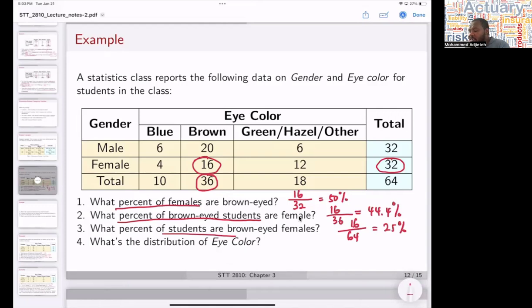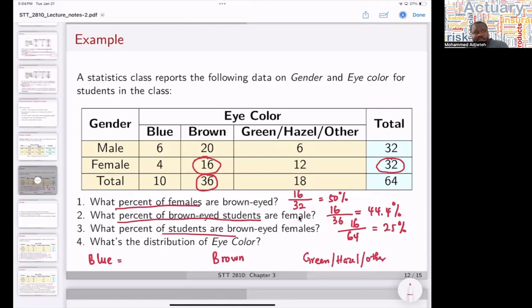To find the marginal distribution of eye color, let's see how many eye colors we have. We have blue, brown, green, hazel, or other.